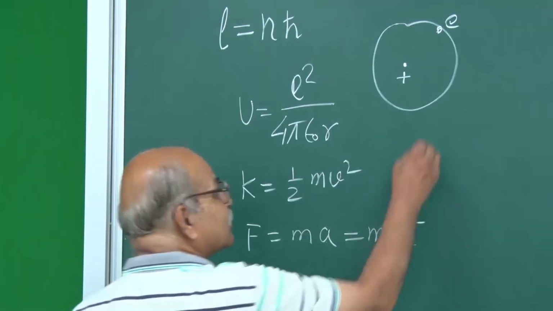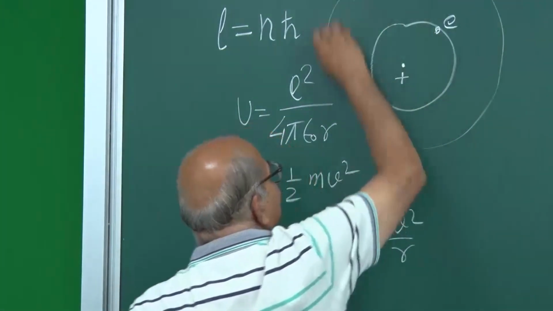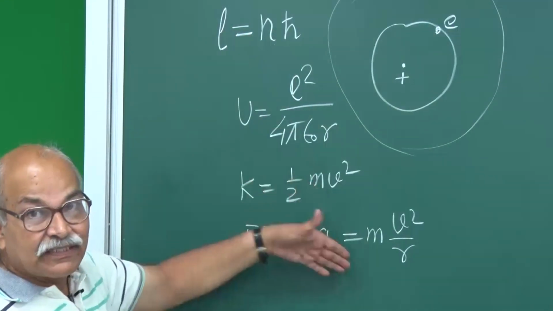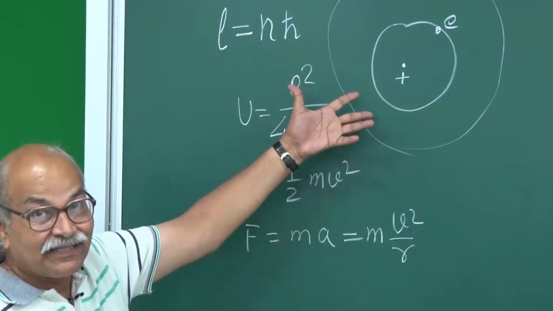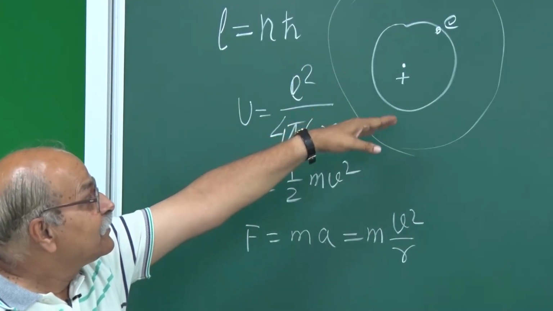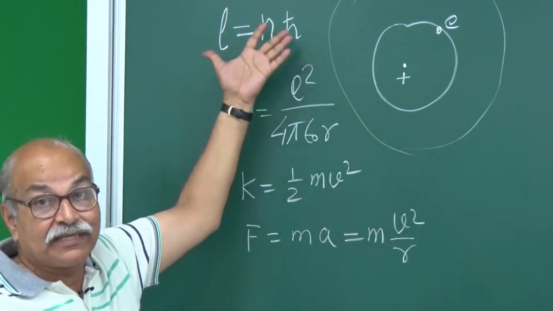So there are only certain radii which are possible, which will follow this, that are stationary orbits, and the electron can go in those orbits without radiating anything for quite some time.